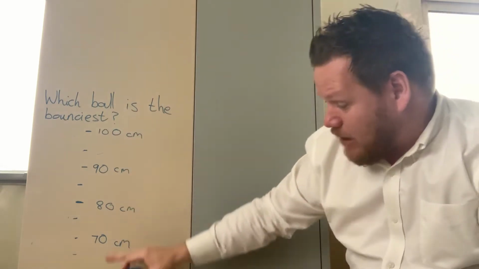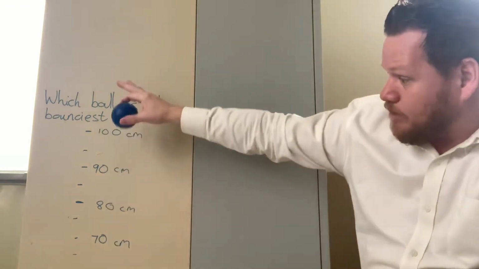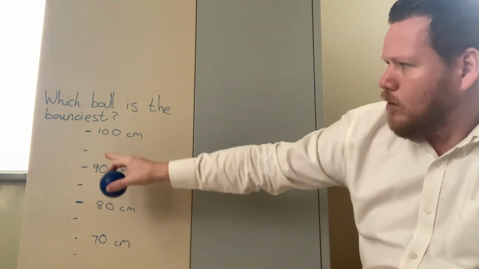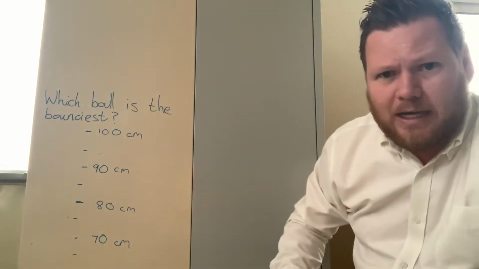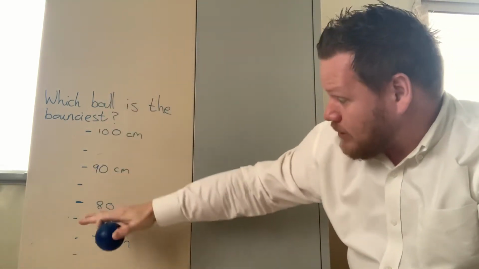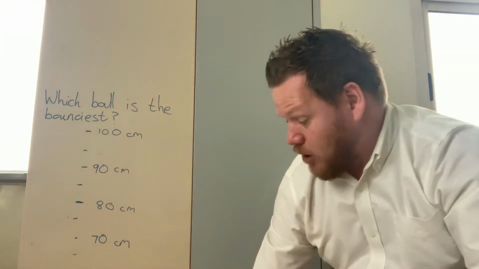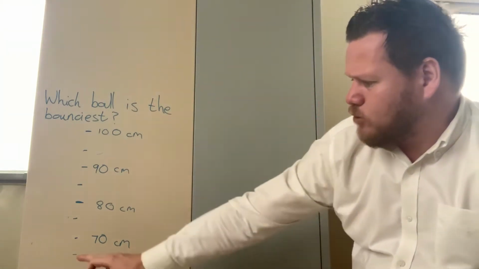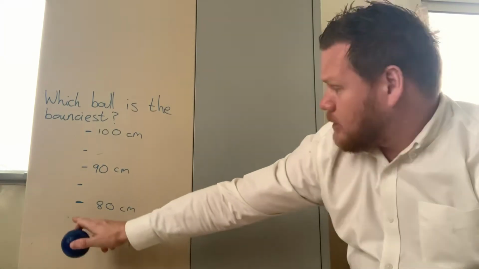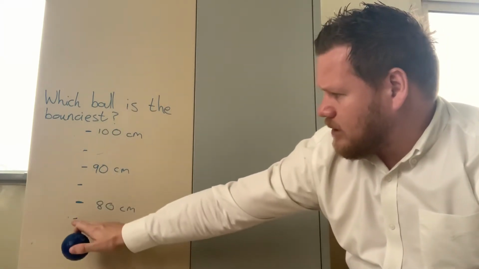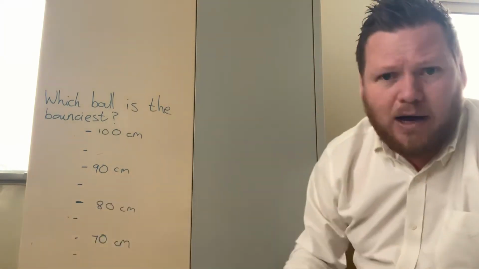I've measured out here on my cabinet with my marker pen that I can rub out later, the different centimeters. So we're starting right at the bottom at 0, and then we're going up 10, 20, 30, 40. I've also got markers here for the 5 centimeters in between, so 70, 75, 80, 85.